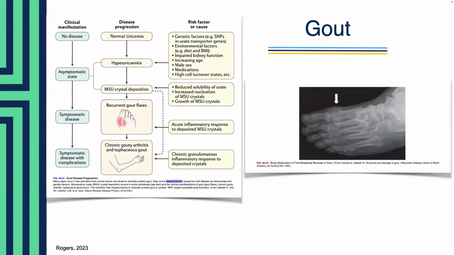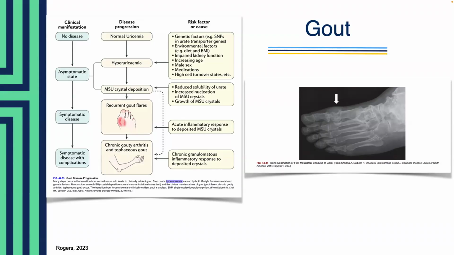Now, looking at gout and the progression of gout and how it occurs in stages, Figure 44.33 reviews that gout disease progression. And then Figure 44.34 is an X-ray demonstrating bone destruction of the first metatarsal because of gout. And you can see the arrow pointing to the bone destruction.